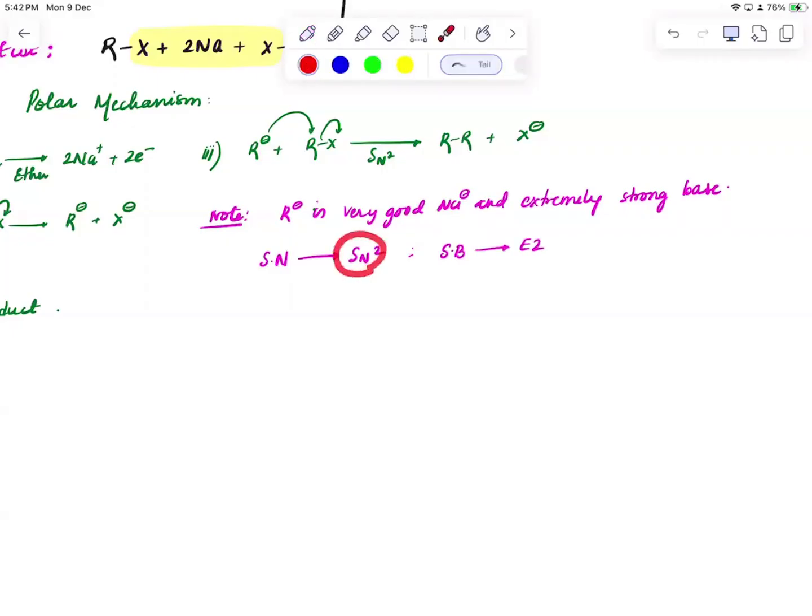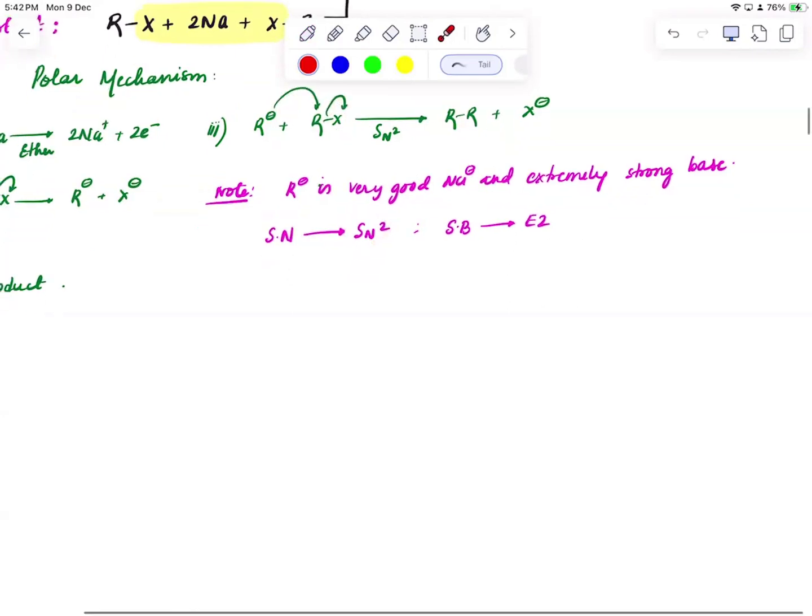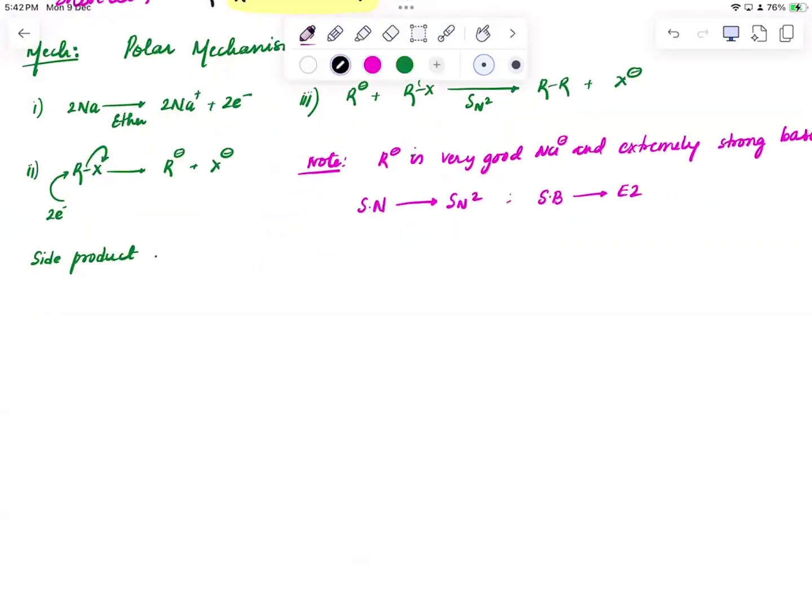SN2 is a substitution where simultaneous attack and simultaneous removal is happening. Now, what is E2? Suppose I'll show you with an example. Imagine CH3CH2 minus attacking on CH3CH2X, in this case any alkyl halide.